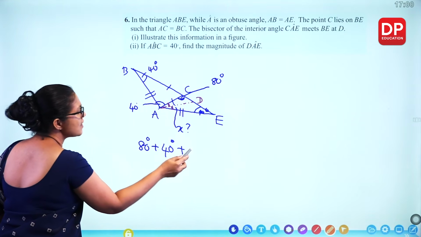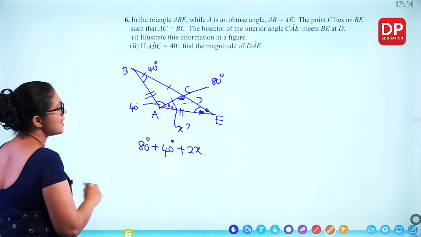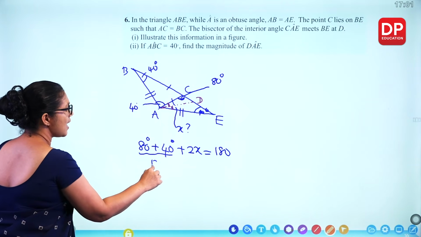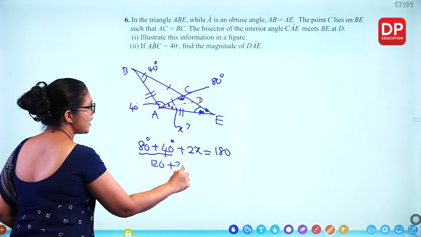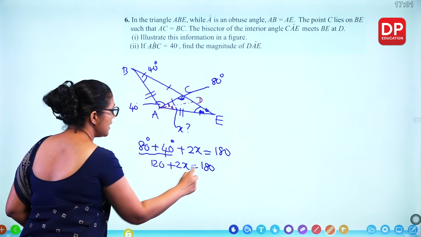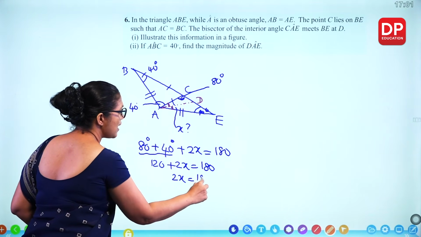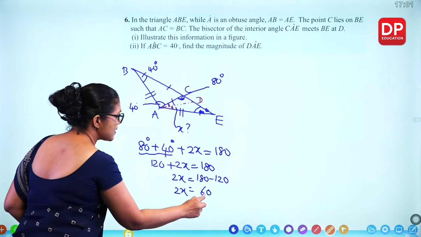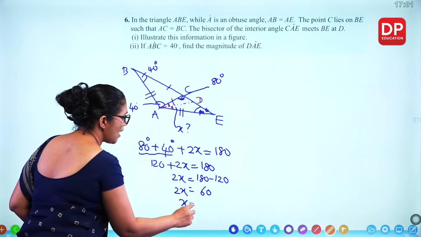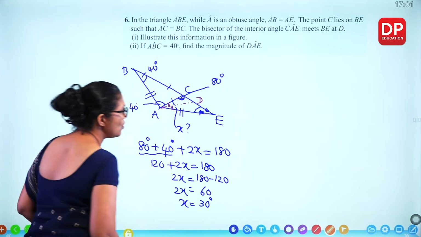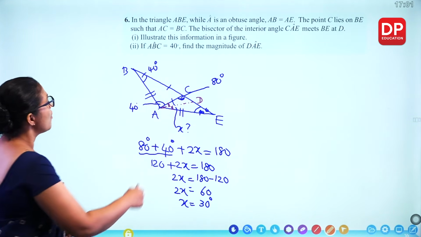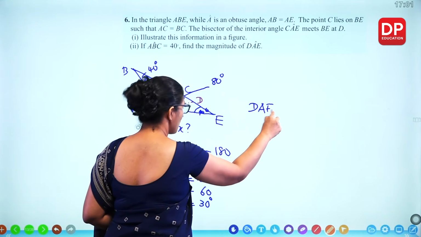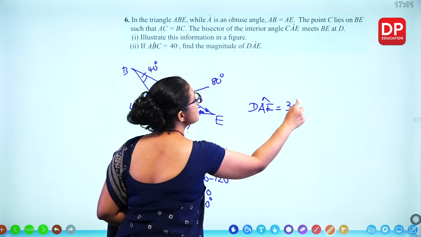If one angle is x, the whole thing is 2x. That's equal to 180. Now we'll simplify. You get 120 here plus 2x equals 180. 2x equals 180 minus 120, so you get 60 here. If 2x is 60, what is x? 60 divided by 2, that's equal to 30 degrees. So what is DAE angle? DAE angle is equal to 30 degrees.